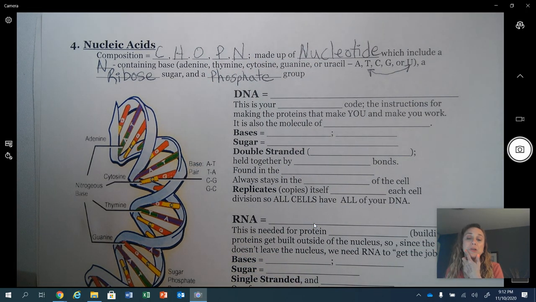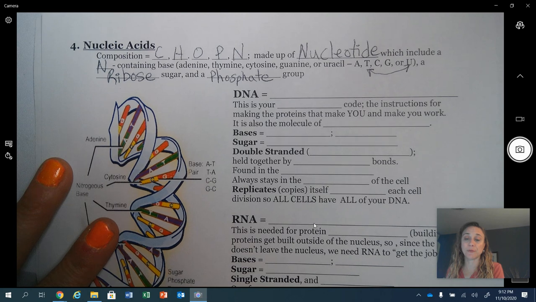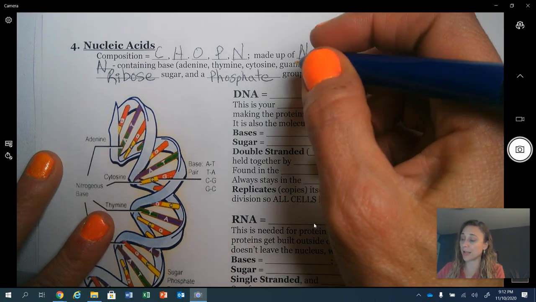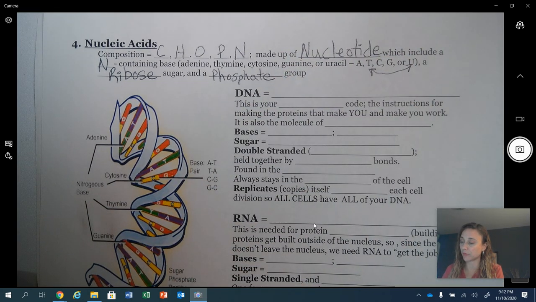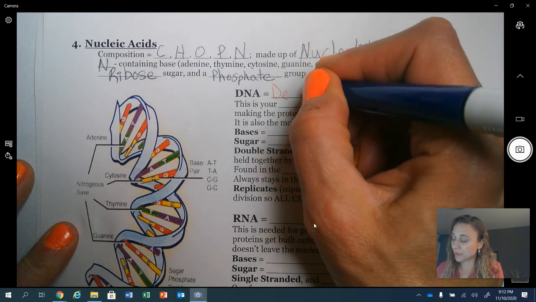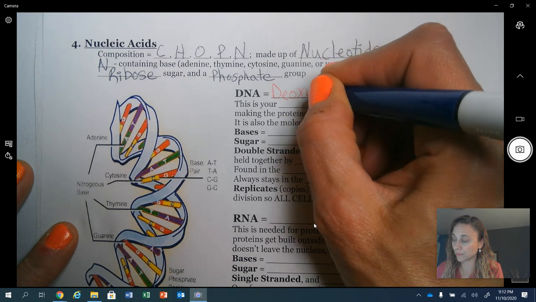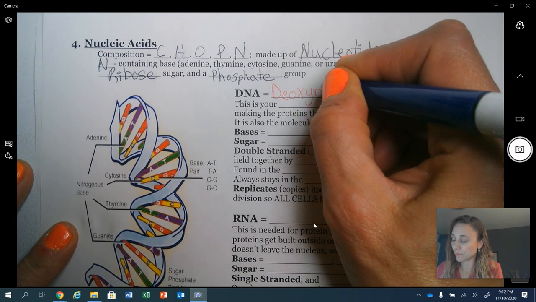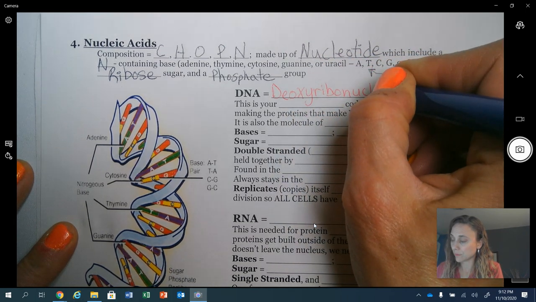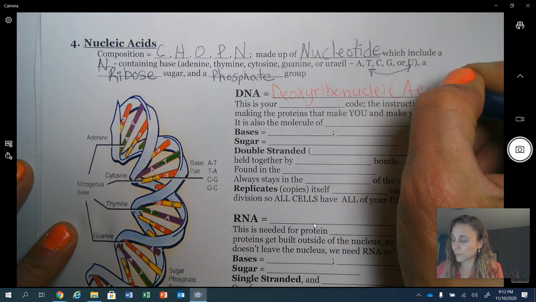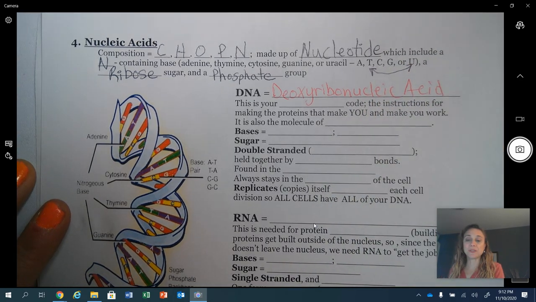So DNA stands for deoxyribonucleic acid, right? Let me pick a different color for that. Just means it's the ribose without the oxygen, one less oxygen than normal ribose. Cool. This is your genetic code.